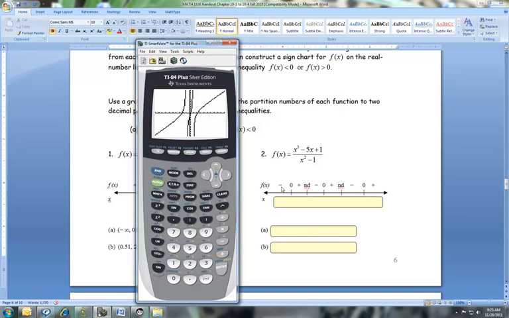Now let's see about the signs. See if you can see on the calculator. To my very first place, my very first 0, if you'll notice what my y values are, they are negative. Between this 0 and where it's undefined, my curve is above the x-axis. It's positive. Between where it's not defined and 0, notice that my curve is below.